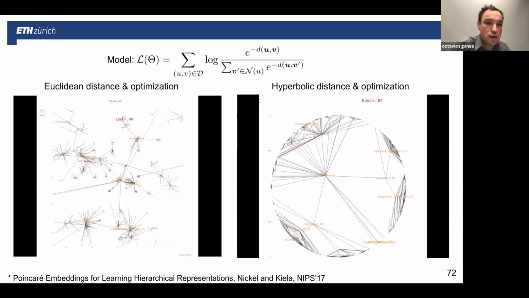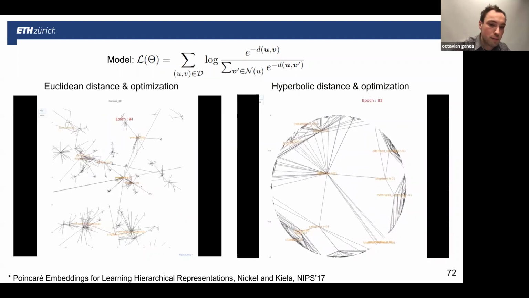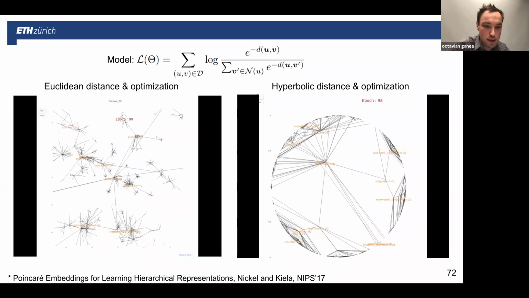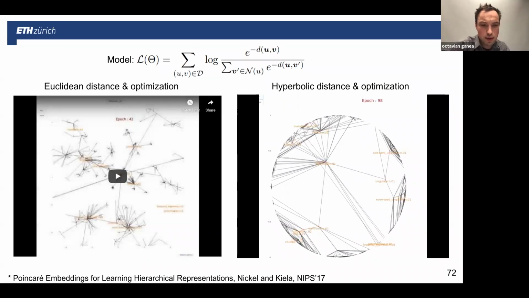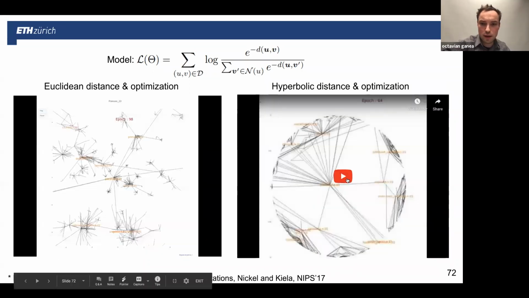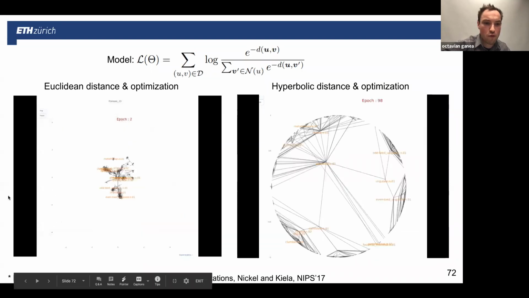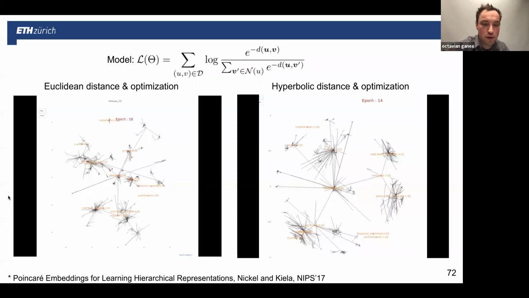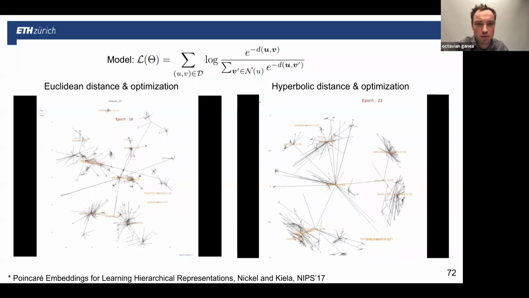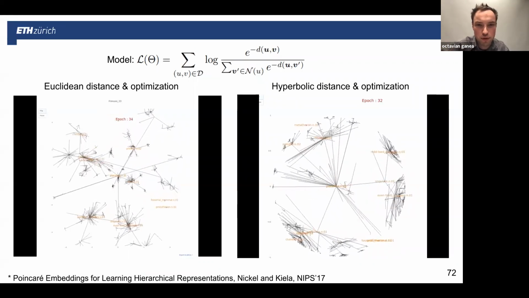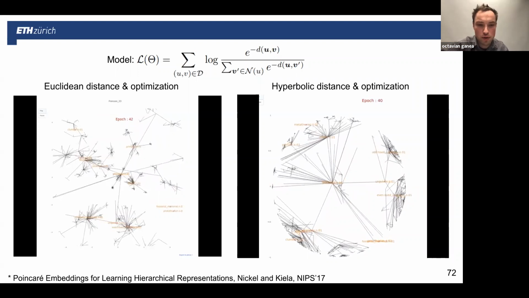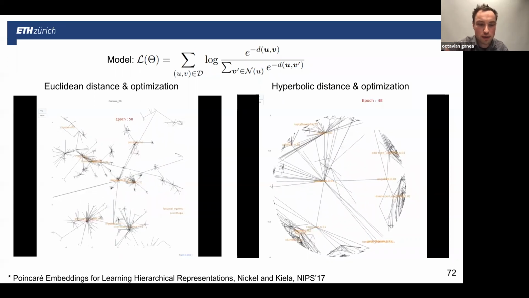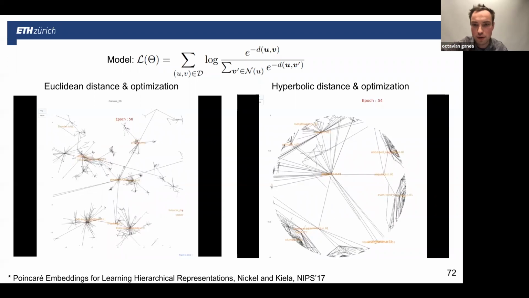And you can actually see that the Euclidean embeddings are a bit chaotically organized in the space, in the sense that the embeddings of some of the leaf nodes are close to the root or close to other branches of the tree. So they really don't reflect so well what we were hoping to reflect: close if they are close in the tree graph, or far if they are farther.